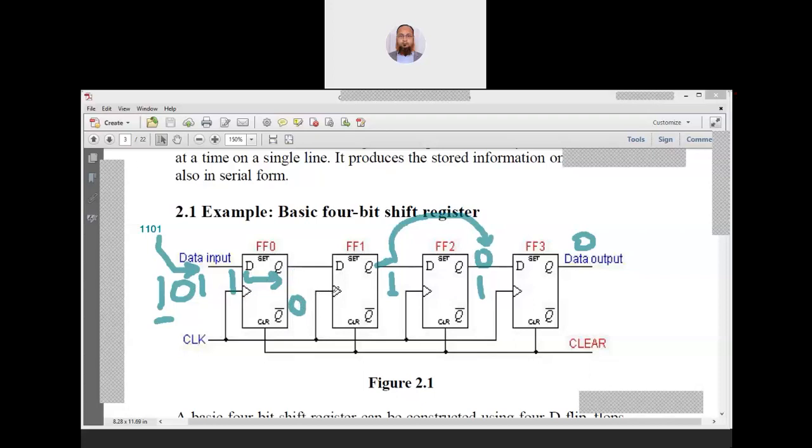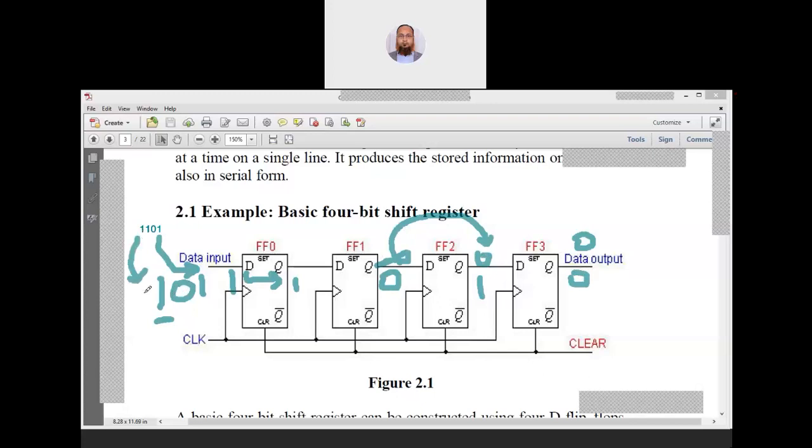So the clock comes, so this will change to 0. Okay. And the 1 moves here. So what is the state now? This is 0 and this will remain 0 because previously here it was 0. It will remain 0.